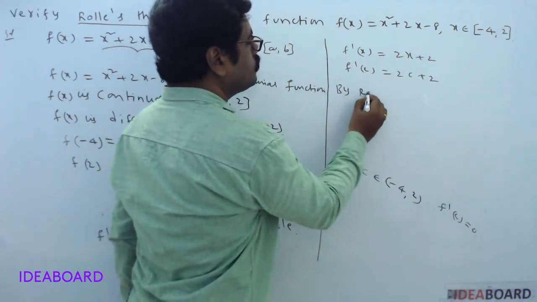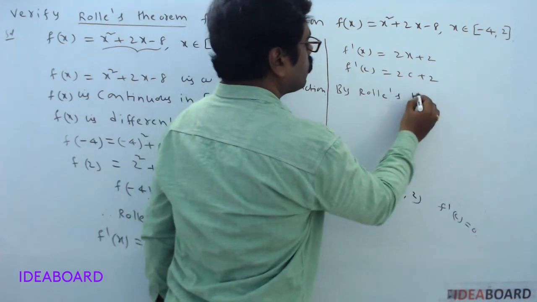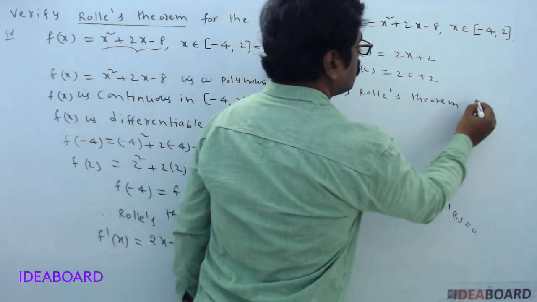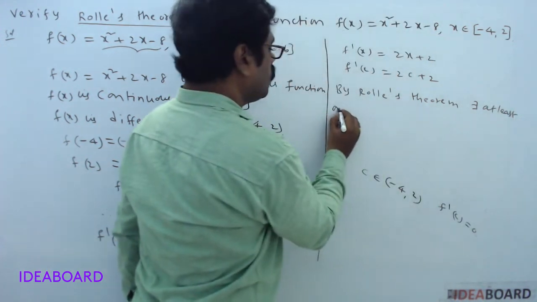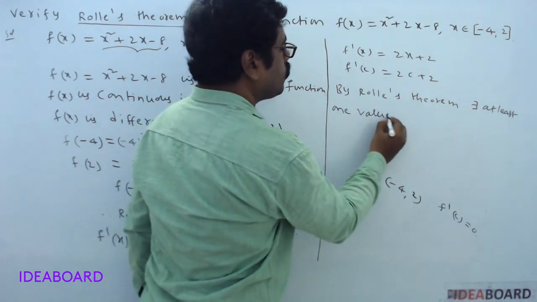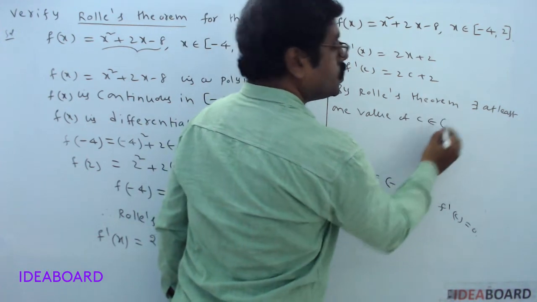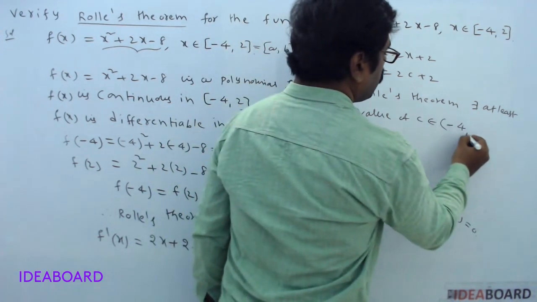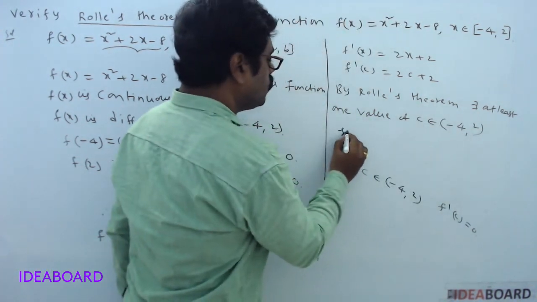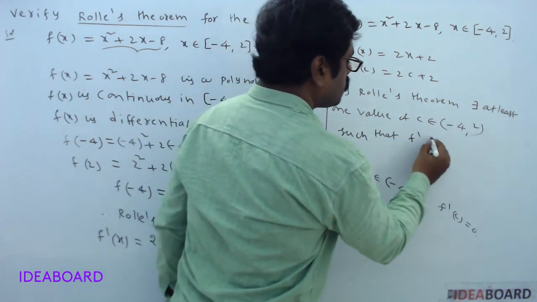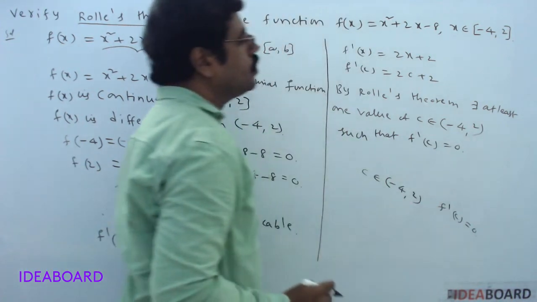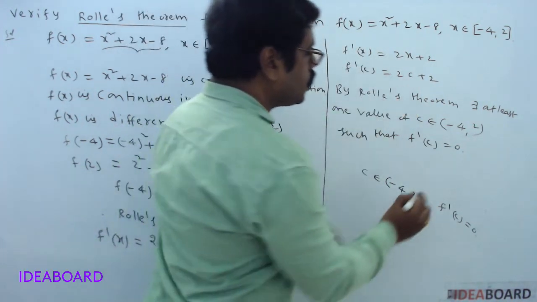Now by Rolle's theorem, there exists at least one value of c which belongs to open interval minus 4 comma 2 such that f dash of c equals 0.